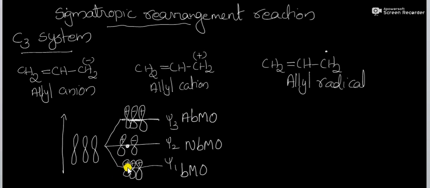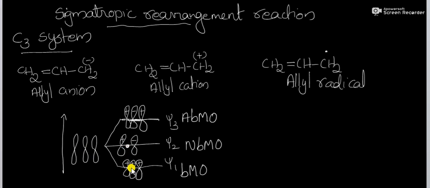Bonding molecular orbital has lesser energy than atomic orbital. Anti-bonding molecular orbital has higher energy than atomic orbital, whereas non-bonding molecular orbital has the same energy as atomic orbital. And this dot represents non-bonding.